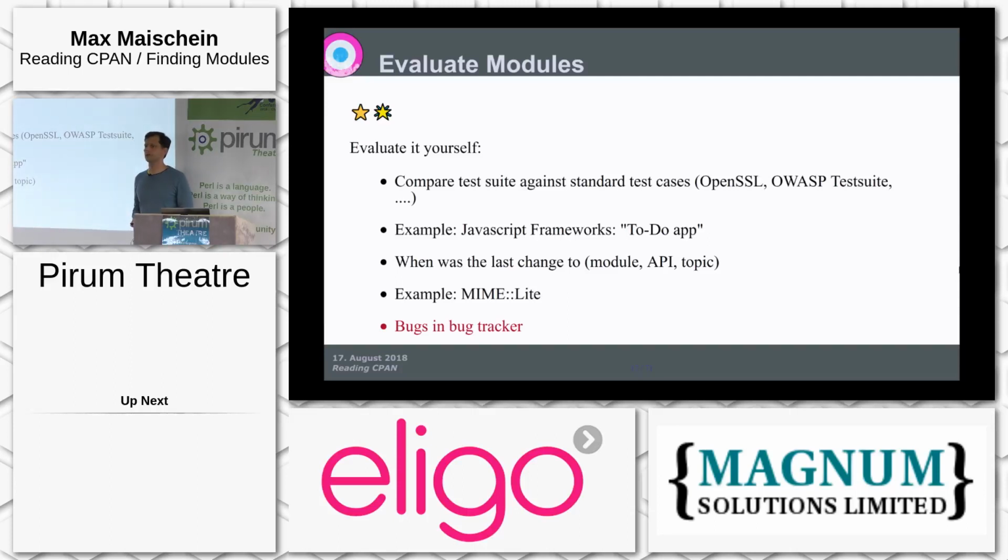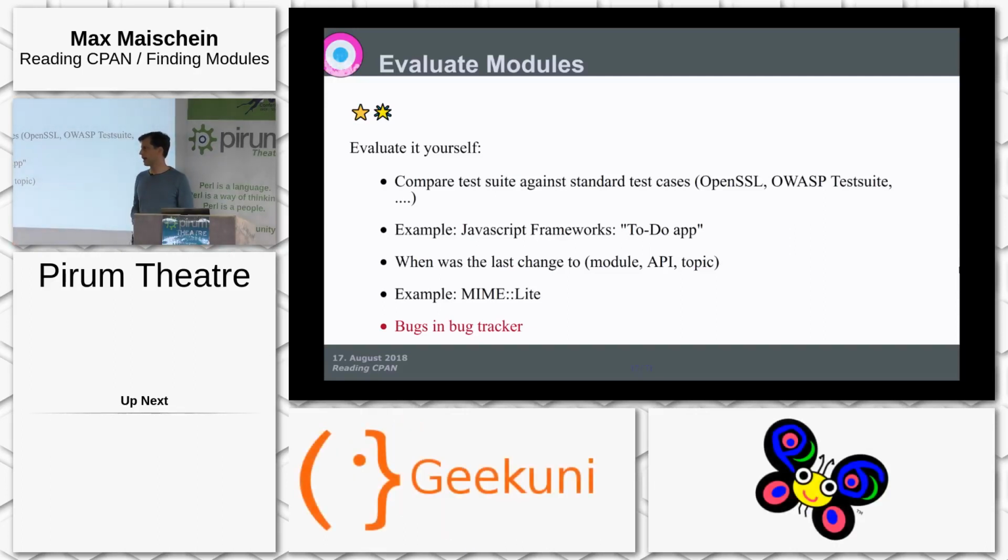Also, the closed issues, or even the open issues, will tell you a bit about the problems that users of a library actually encounter. Like, I don't know, maybe for OpenSSL, that the file permissions need to be correct for the private key files or stuff like that.